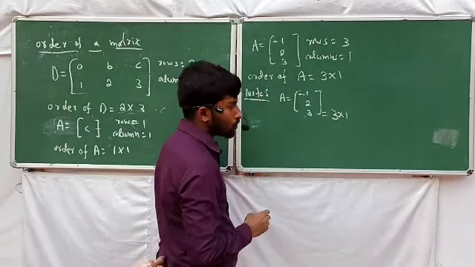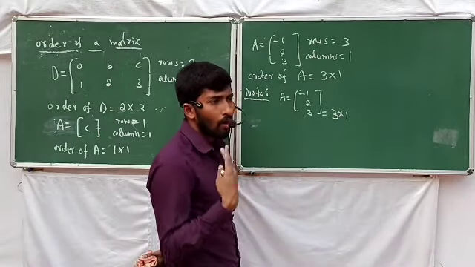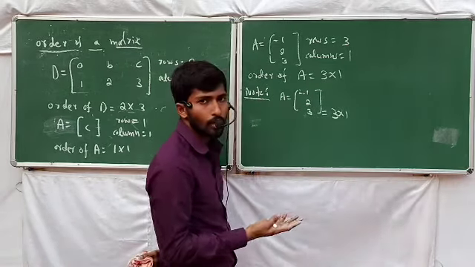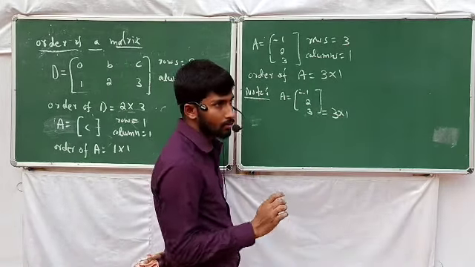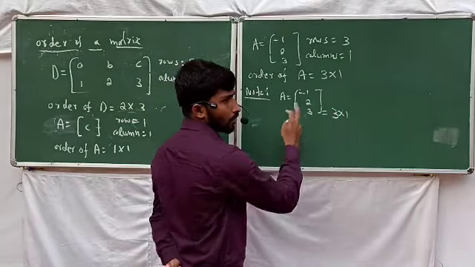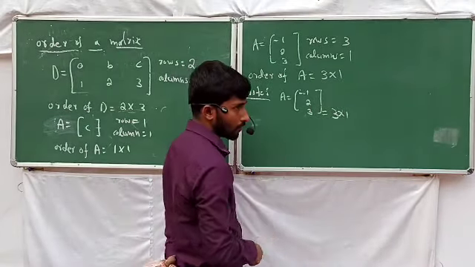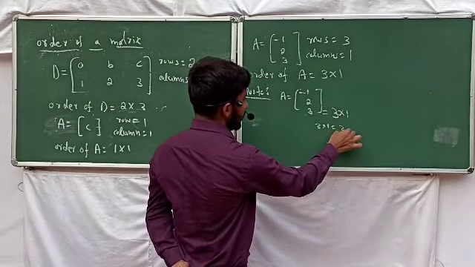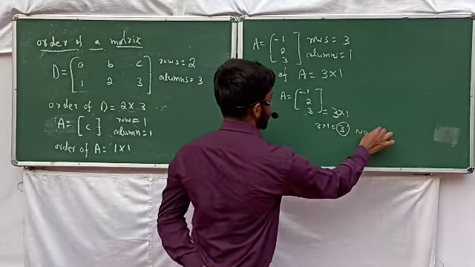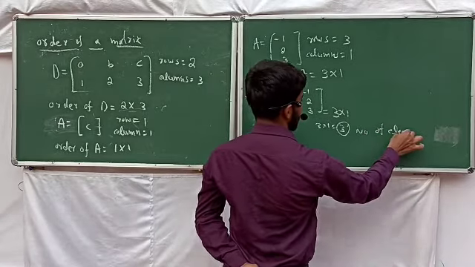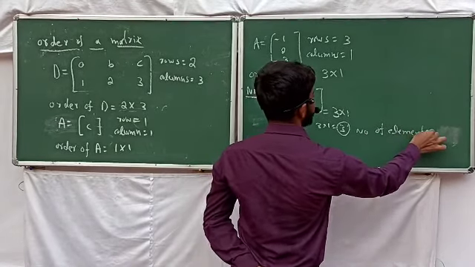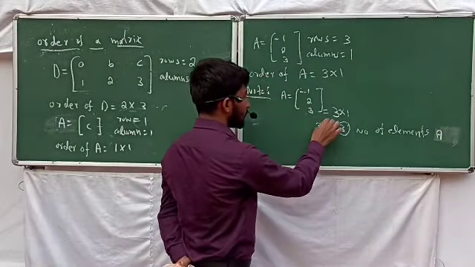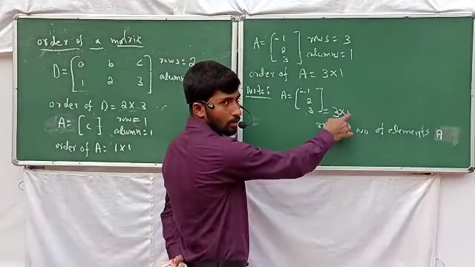If some order of the matrix is given, to count the total number of elements in that matrix, just multiply rows and columns. Number of rows into number of columns. 3 into 1 is equal to 3. It's the number of elements of the given matrix A. To get the number of elements, just multiply row into column.